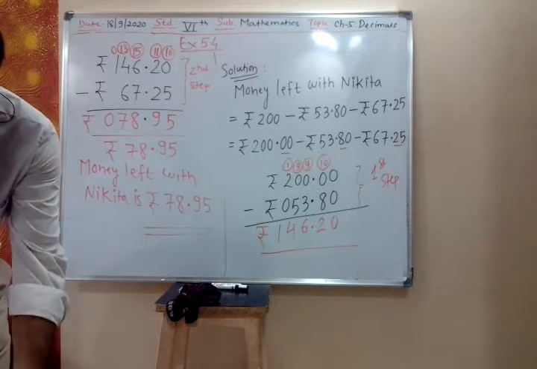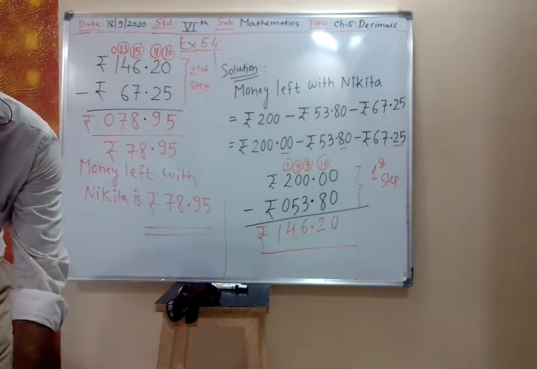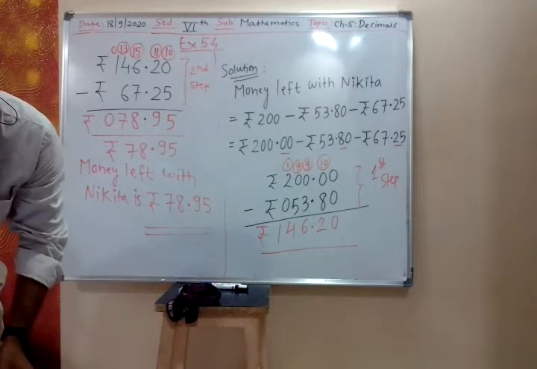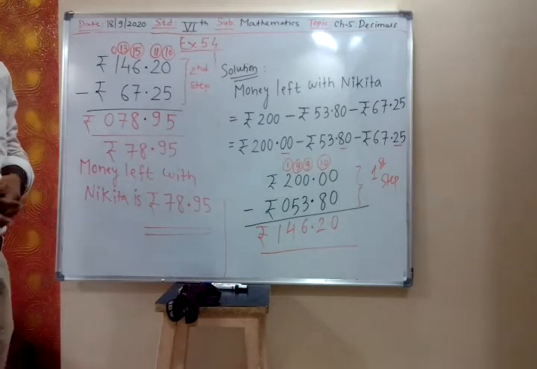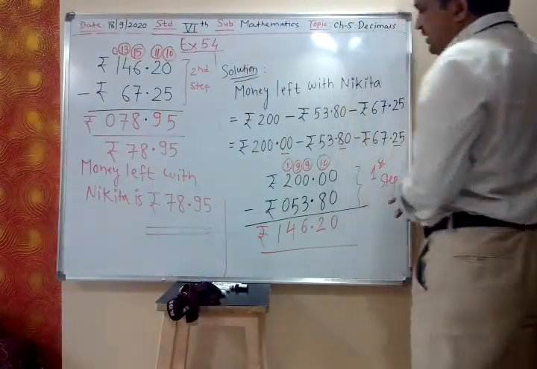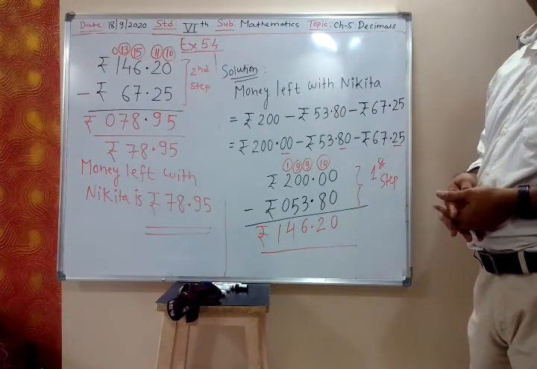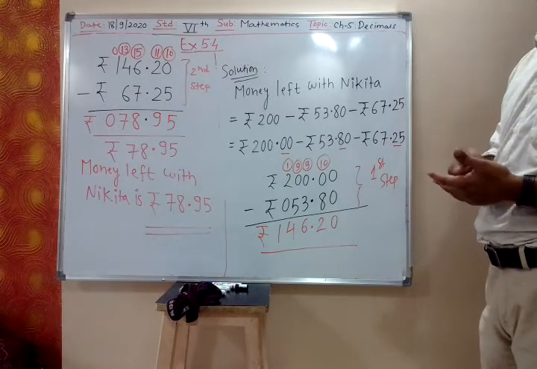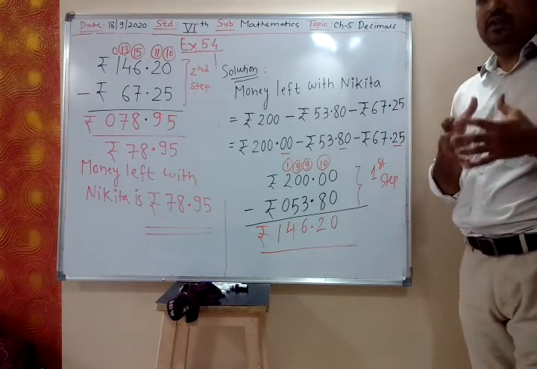And this type of problems you will have in 7th standard, 8th standard, remember. So this decimal part is very important. Addition and subtraction of decimals is very important. You will come across decimal addition and subtraction in 7th standard through 12th standard. So there should not be any confusion.